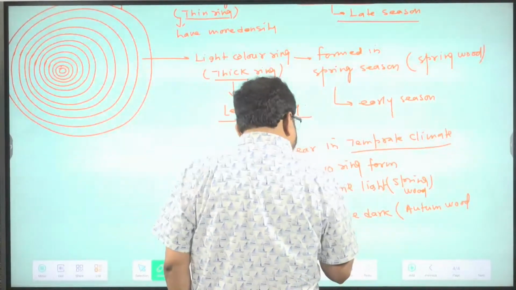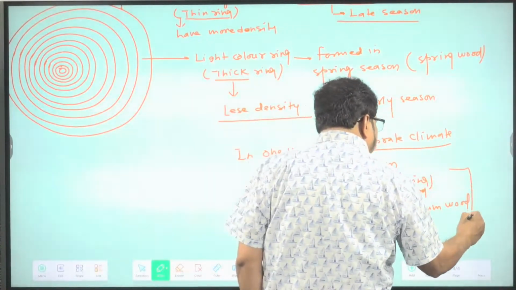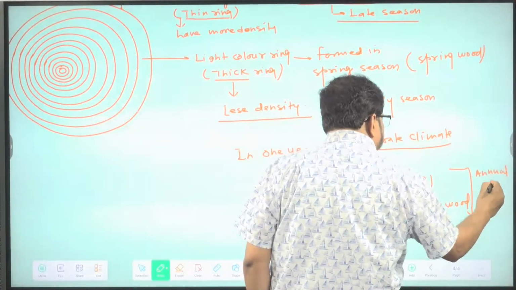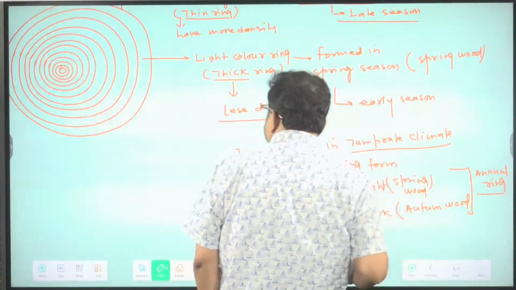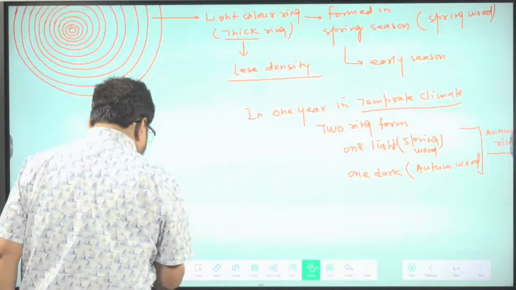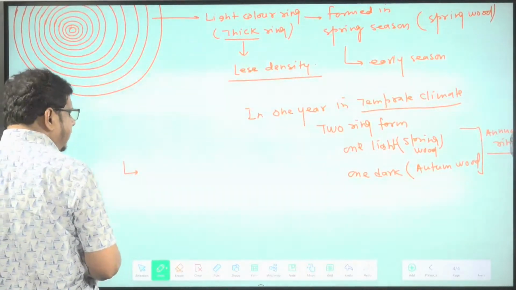Both together are called annual ring. Both together are called which one? Annual ring. So in 1 year, 2 rings we are finding. One light, one dark. Is it clear in the mind?